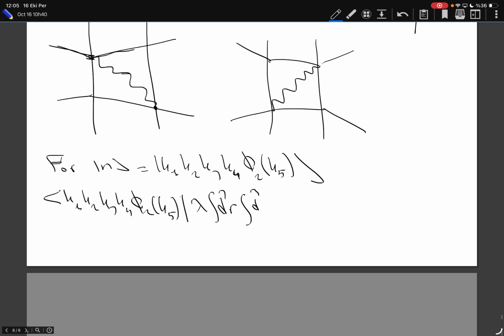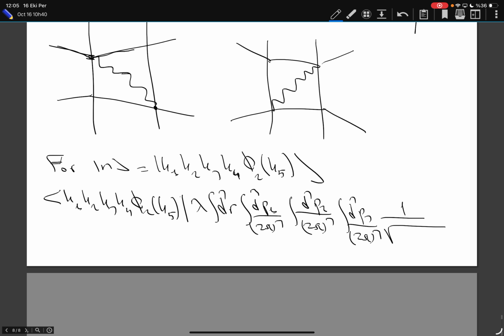d cubed, let's say p1, d cubed p2, d cubed, I have 1 over square root of 2 omega p1, 2 omega p2, 2 omega p3. These are just the measures.